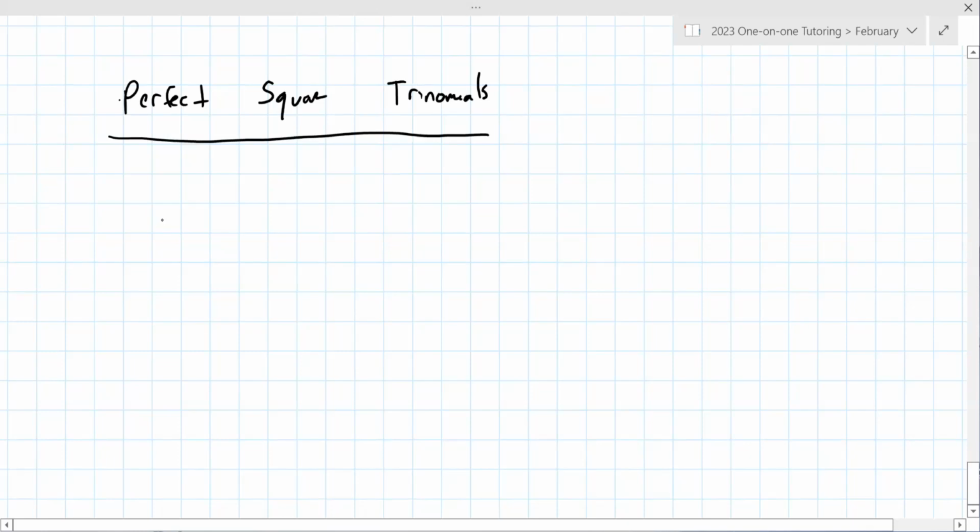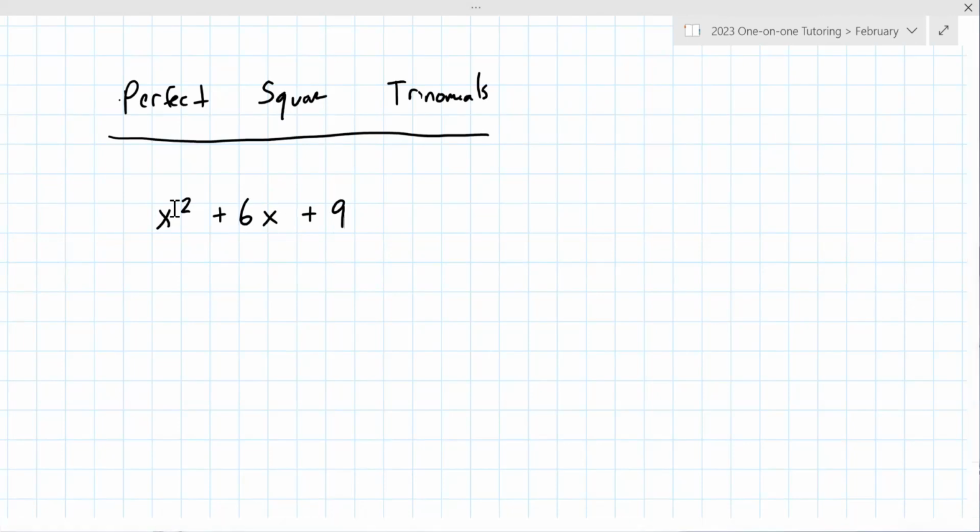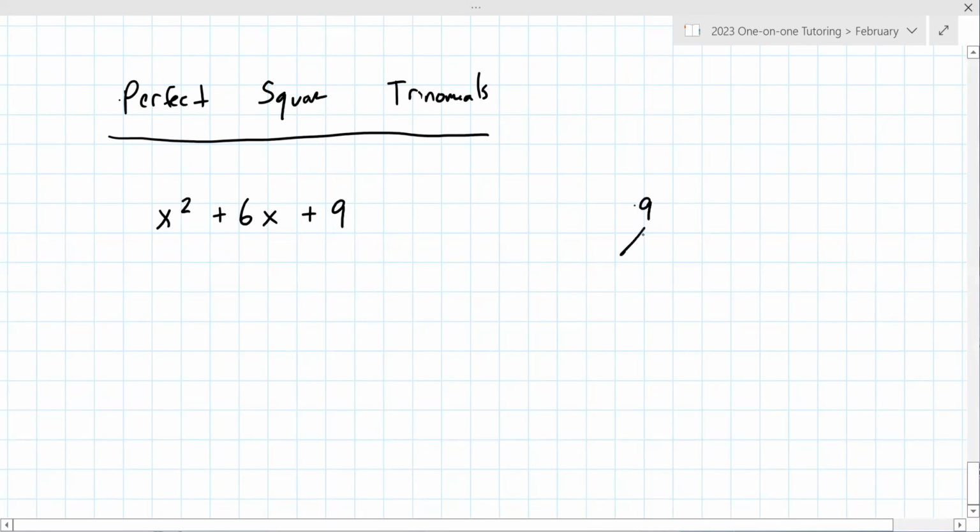It's a problem like this: x squared plus 6x plus 9. You might say, well, Matthew, that looks a lot like the ones we've already done. There's plus and plus, there's a 1 in front, and you would be right. These have, though, another form that the answer takes on, because the ones we're looking for here are 3 and 3. 3 times 3 is 9, 3 plus 3 is 6.